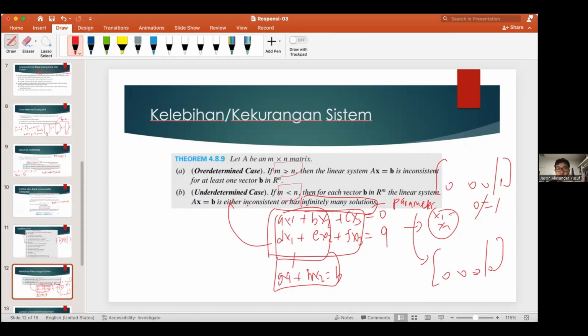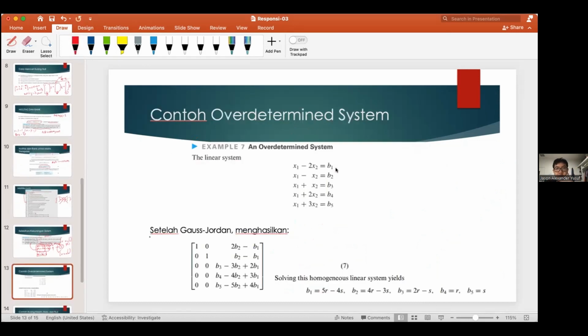You just have to take a look at the augmented matrix. The m times n. Okay. So this is an example of an overdetermined system. It's in your textbook. You can have a look.